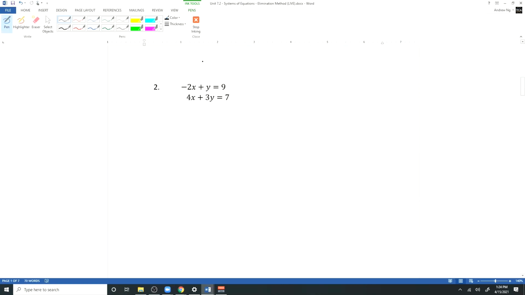And again, I'm going to label these just so when I refer to these equations, there's no confusion. Let's call this first one equation A, and the second one equation B.